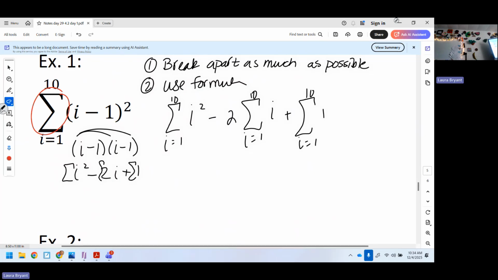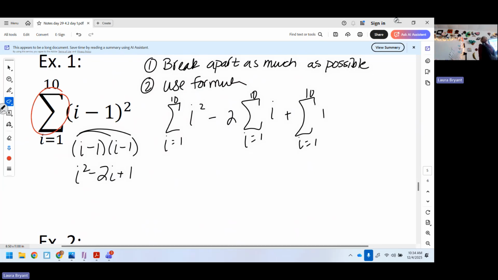So I broke it up into the 3 pieces, and if there was a constant, I moved the constant up front. Let me rewrite this: it was i squared minus 2i plus 1. So I broke it into the 3 pieces.